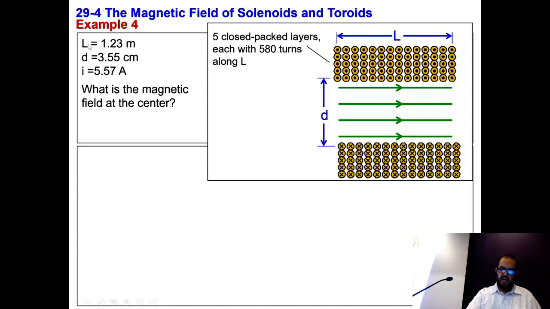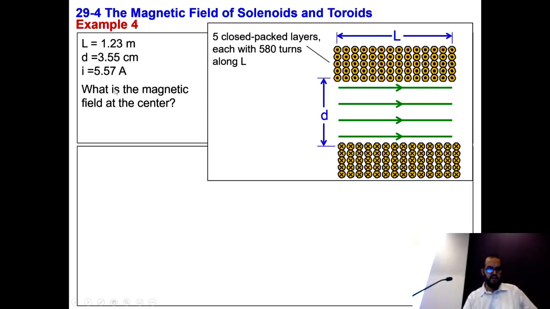The length L is 1.23 meters for this solenoid. The inner diameter is 3.55 centimeters, and the current flowing through the wire is 5.57 amps. The same current flows through the whole winding.